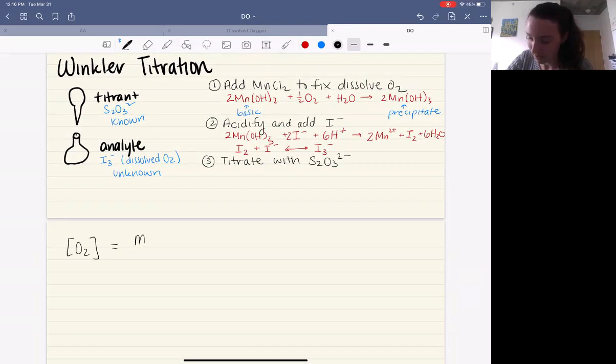You take the mass of the thiosulfate it took for the sample of seawater. Again, you need to subtract out the blank from that. And you multiply that by the concentration of the thiosulfate. And you're going to get that from part one, that original standardization. Okay, and divide by 4. If you go through the stoichiometry, that's the ratio we get here, multiplied by the volume of the sample.